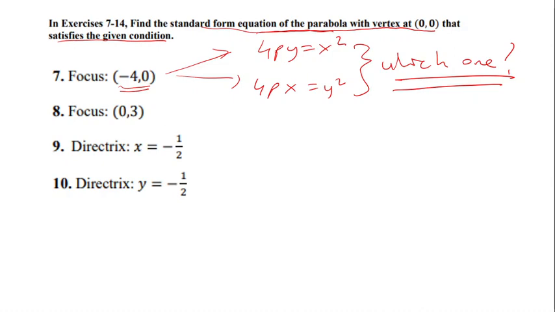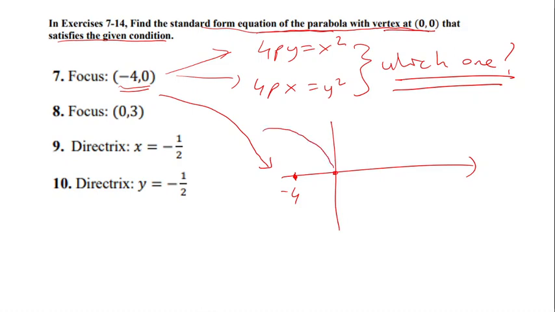To understand this one, you can look at here, put negative 4, 0 here. This point helps determine which type. The vertex is at 0, 0, and the focus is always inside the interior part of the parabola. So this type is definitely not y equal to x squared type, right?